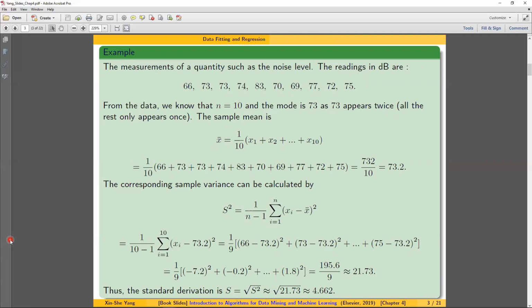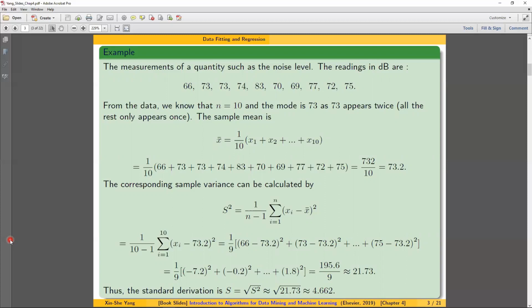We know the measurement of a quantity for noise level would be all of these observations, 66, 73, etc. And now we have 10 observations. We can calculate the mean by 1 over 10 times the sum of all of these observations, and you get 73.2. You can use a similar methodology to calculate the sample variance.